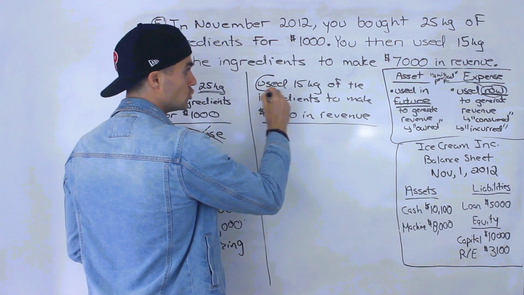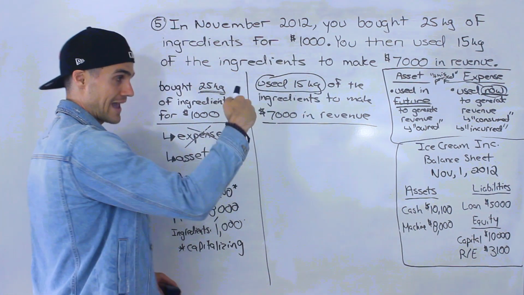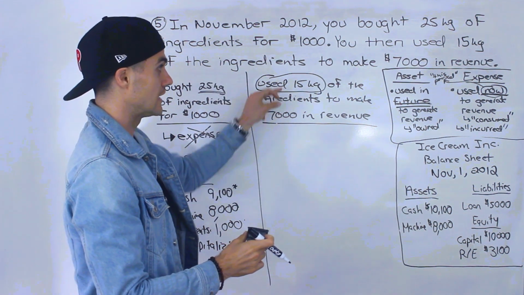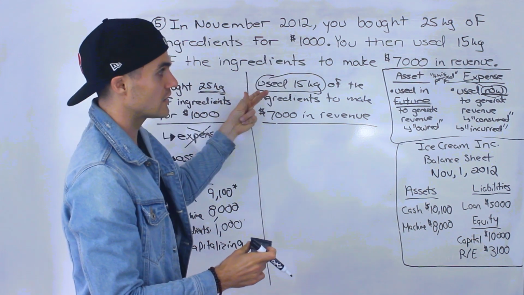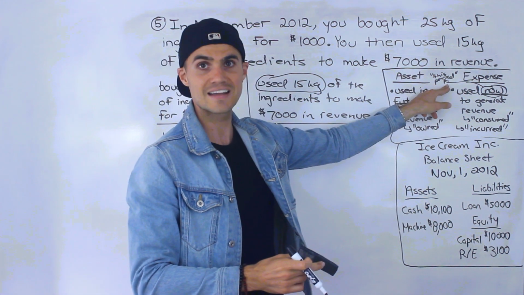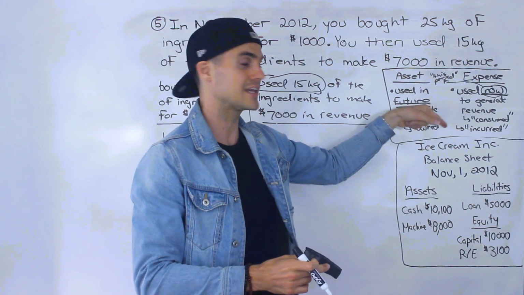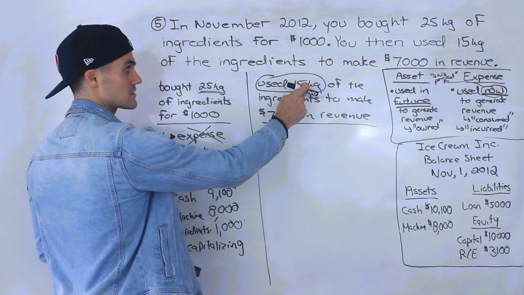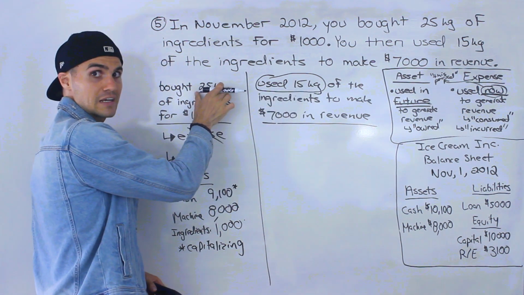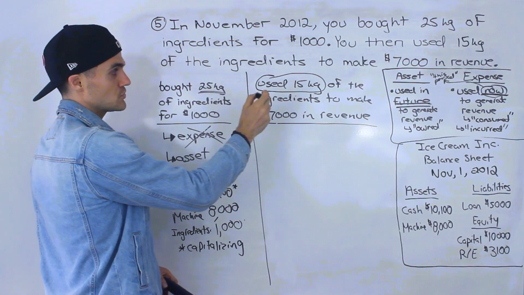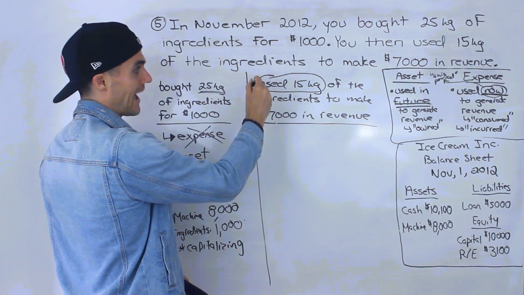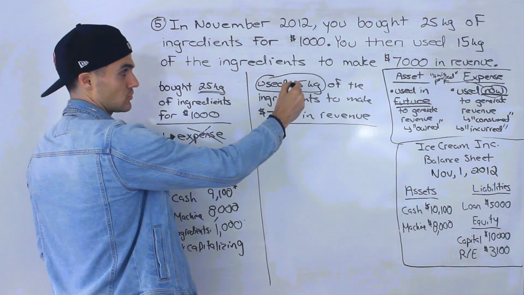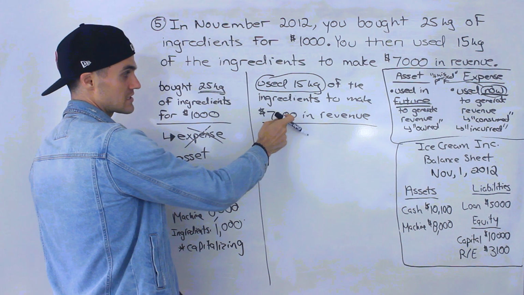The fact that it's being used now in this period in November to generate this $7,000 in revenue means this 15 kilograms of the ingredients we can classify as an expense, because it's being used right now to generate revenue. But notice that this 15 kilograms is not the full 25 kilograms that we initially bought. So we have to figure out how much of these ingredients we can expense, because it's only 15 kilograms that are being used to generate this $7,000 in revenue.